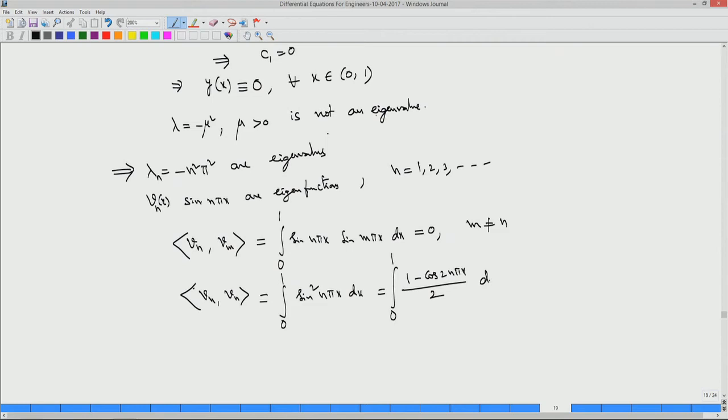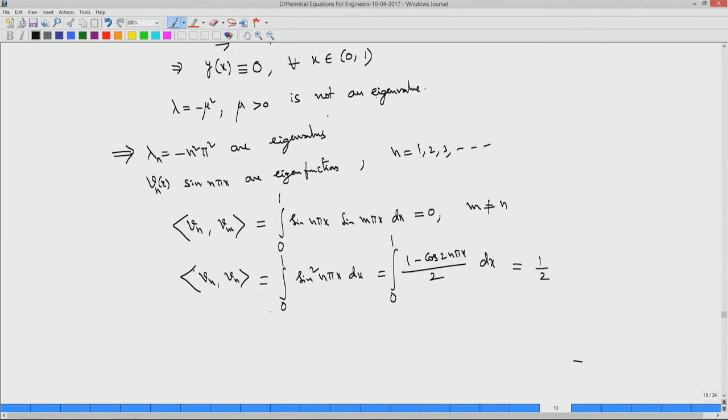Because the term is sin 2 n pi x, between 0 to 1 it is 0. So, only the first term will contribute 1 by 2, and you simply get 1 by 2 as the answer. So, you see that these functions are eigenfunctions, they are orthogonal, and their dot product with the same function has the value half.